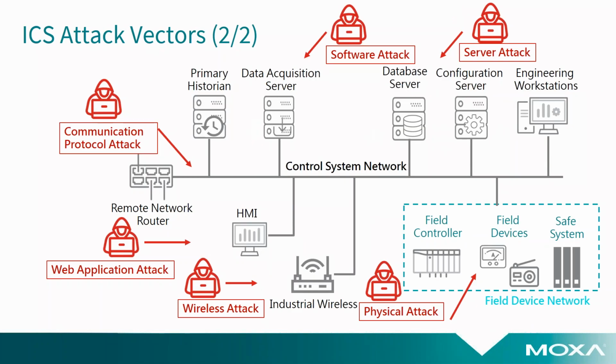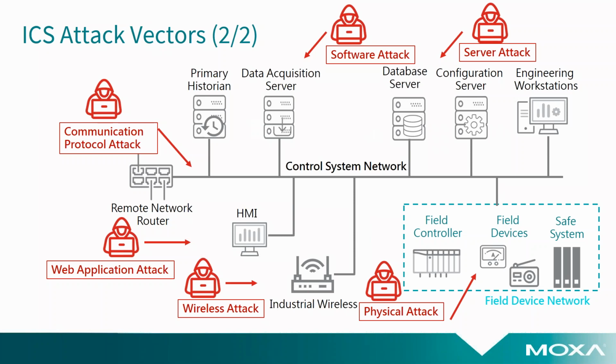Now, in addition to that threat vector, we also see many other types of ICS attack vectors by the adversary. These are some of the examples that we have seen as we monitor different environments and different customer sites. Attacks can come from the protocol, because some of these protocols have been around for many years, and sometimes they're not encrypted.